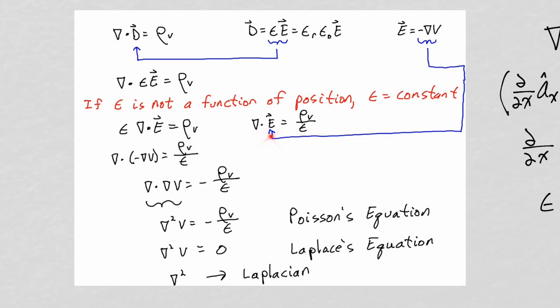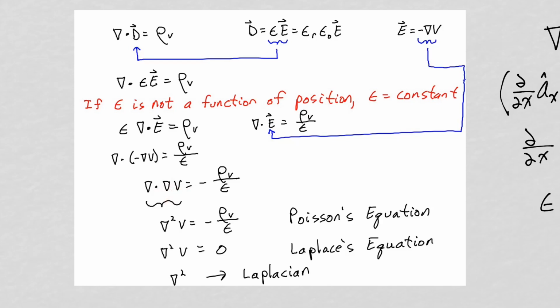Now for the electric field intensity, we're going to substitute minus the gradient of the potential field. And then multiply both sides of this equation by minus 1. Now this operation of taking the divergence of the gradient of a scalar field is written as del squared V. And this operation of del squared, which is the divergence of the gradient of a potential field, is called the Laplacian.